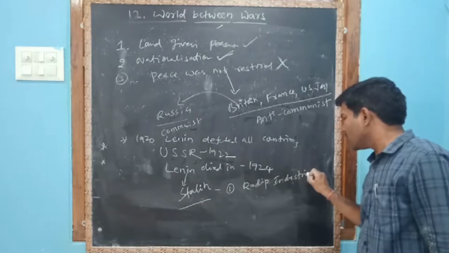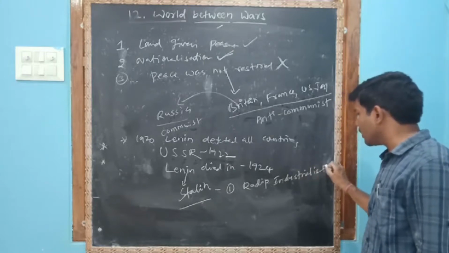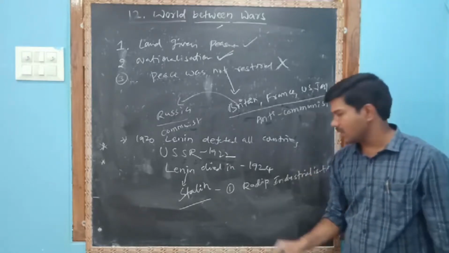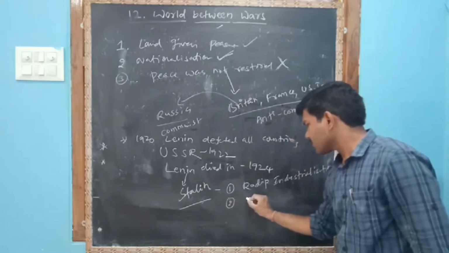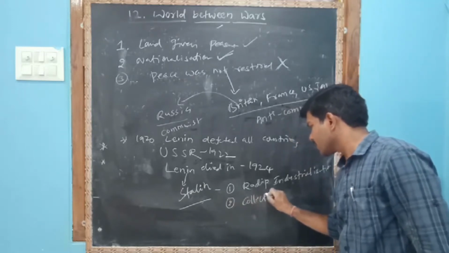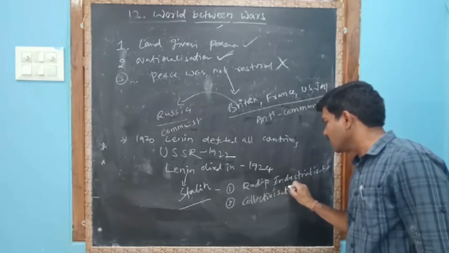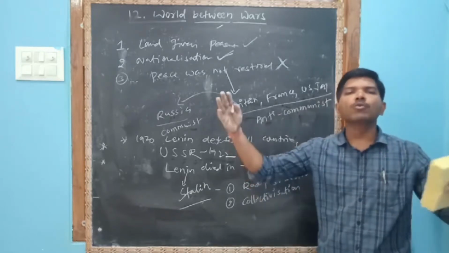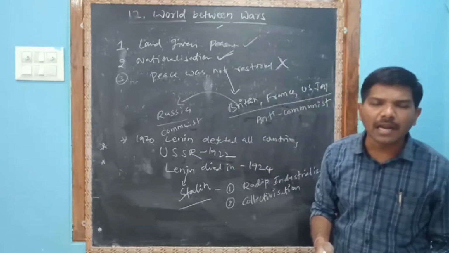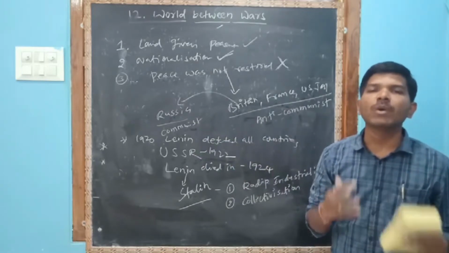They wanted to make Russia industrialized. Then the second one is collectivization. Collectivization means a group of people do agriculture on a land and share the yield equally.